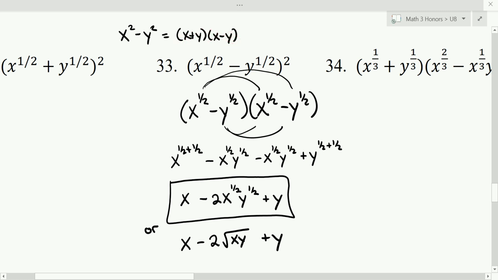That's true. But if we start with x minus y with a square on the outside, that's different. That's x minus y times another x minus y. You see the difference between the two? You were thinking of the difference of two squares, where it's a difference, but the square's on the outside. Okay.